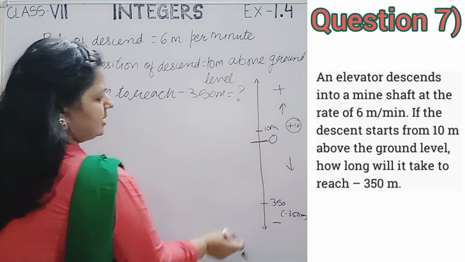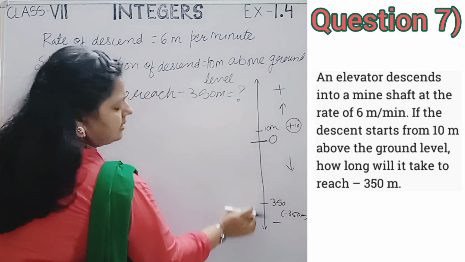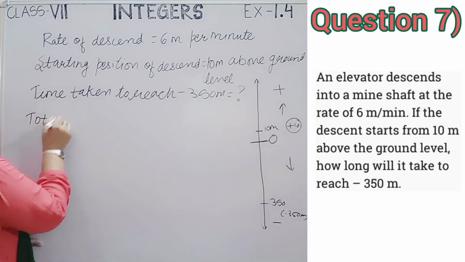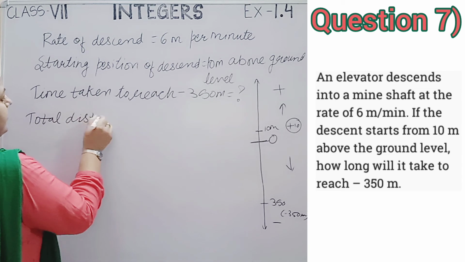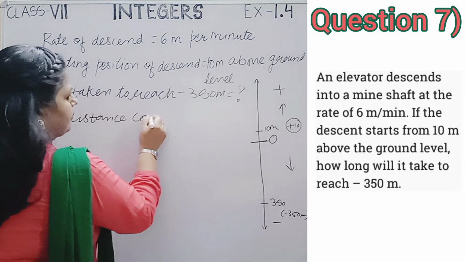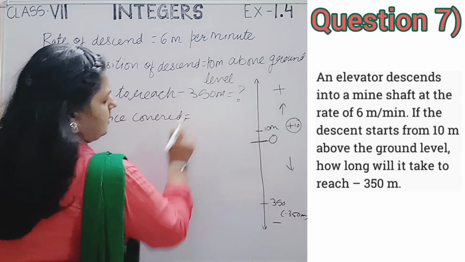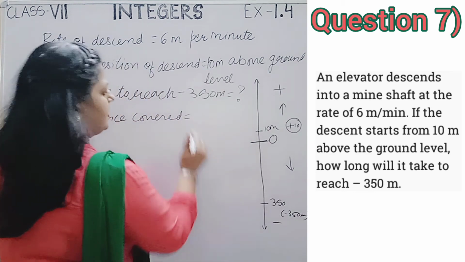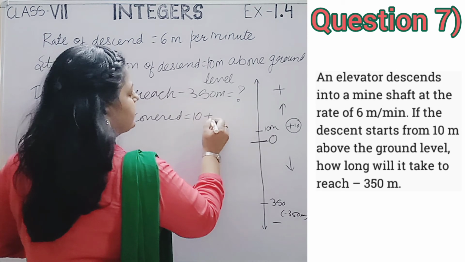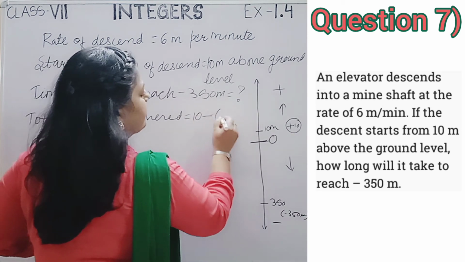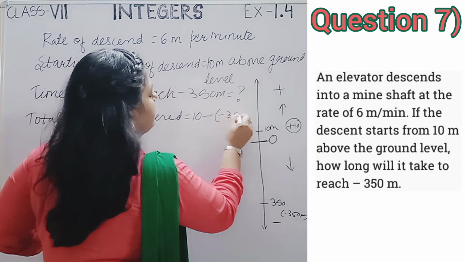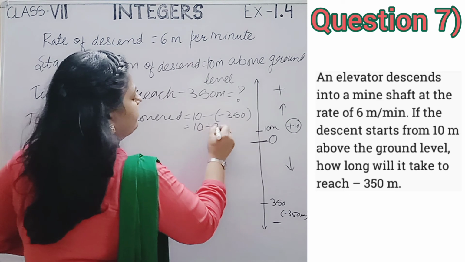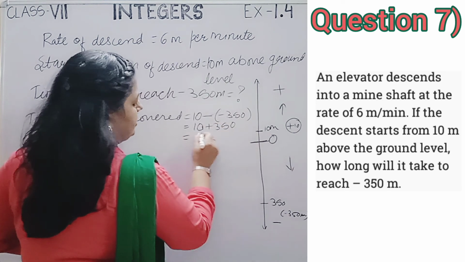So total distance covered. Here is 10 meter and here minus 350. So total distance covered in meter, this is 10 and we are adding this 10 meter plus minus and minus is 350. So 10 plus 350, 360.